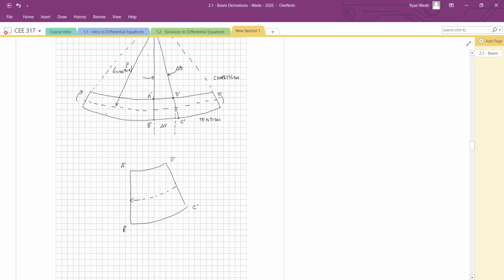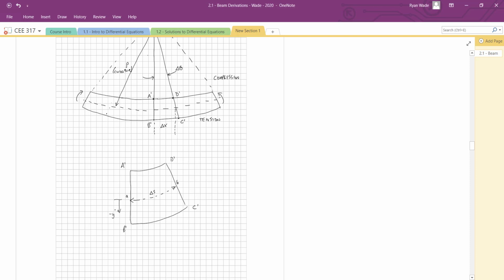This distance at the neutral axis we're going to call delta S. So it's the actual increase in the size of the neutral axis. Actually, it won't be an increase because if it's about the neutral axis and we have zero bending, it won't increase. But it's going to be the measurement of the neutral axis over that delta theta and the delta x.